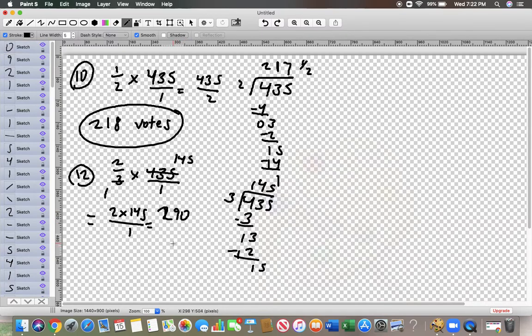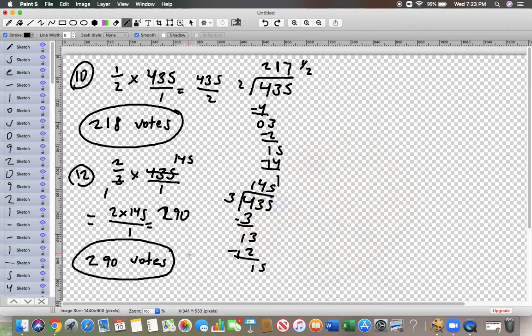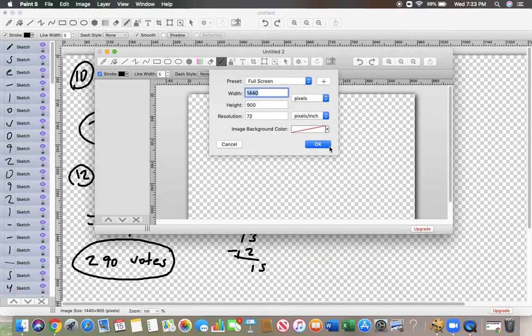So again, it takes 2/3 of the representatives to override the president's veto. So how many votes would they need? They would need 290. Don't forget your units, or excuse me, your label. 290 votes.